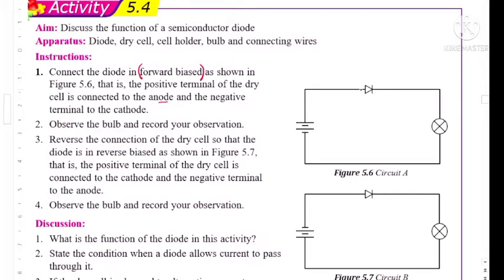So you can see here, this is anode for the diode, or we can say is positive terminal, and this is the cathode, which is negative. So in this case, you can see the positive terminal of diode is connected to positive terminal battery. Negative terminal of the diode is connected to negative terminal of battery. So this connection, we call it forward bias.